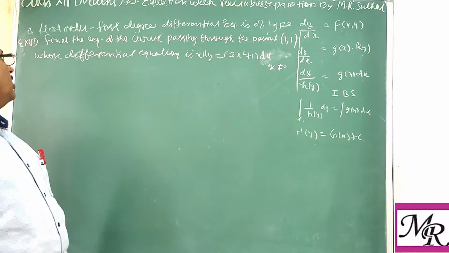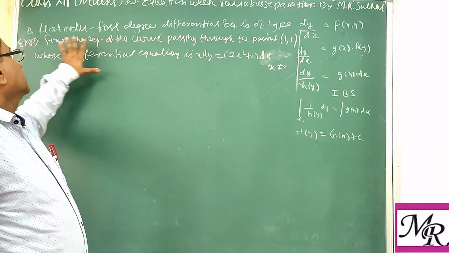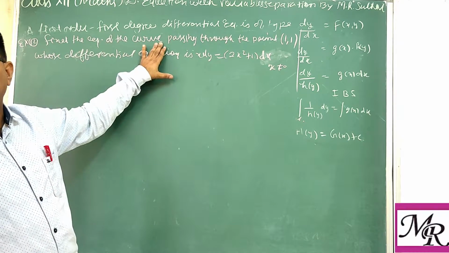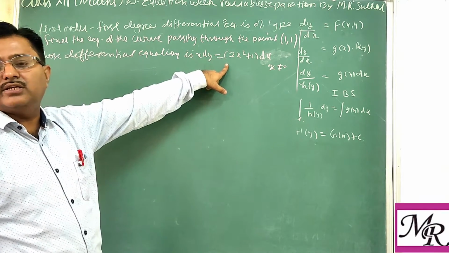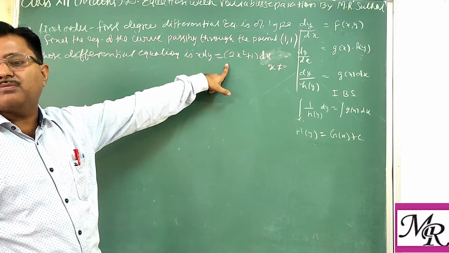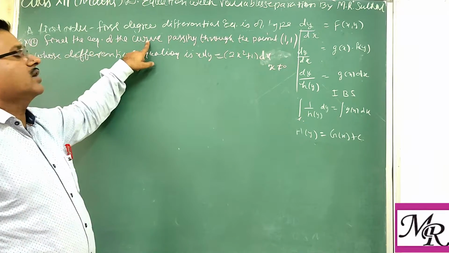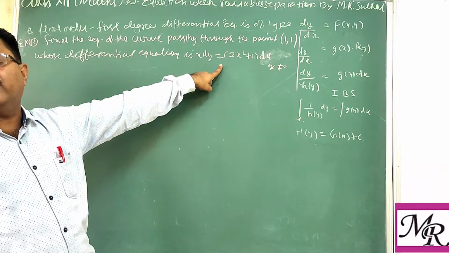First of all, we have to write this in standard form. Before that, you see it says find the equation of the curve whose differential equation is given. In the formation of the differential equation, we learned that the equation of the curve means the solution of the differential equation.